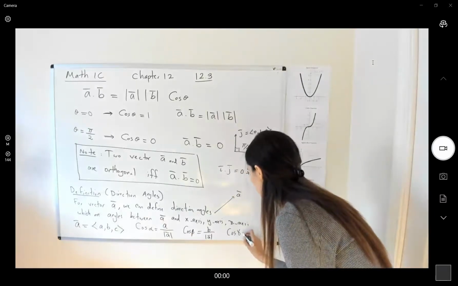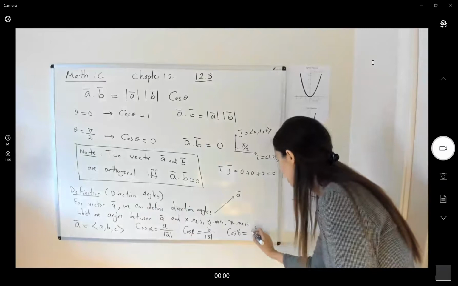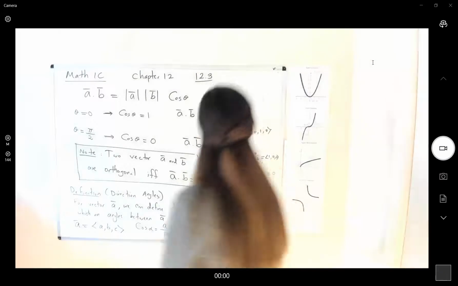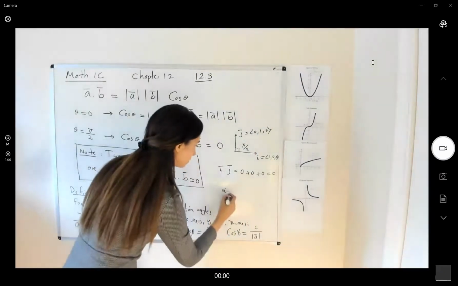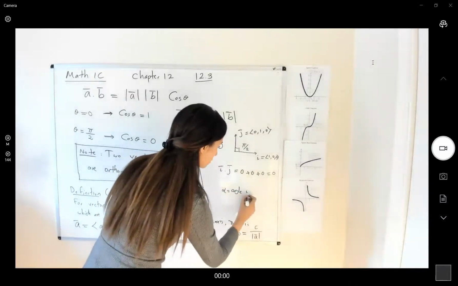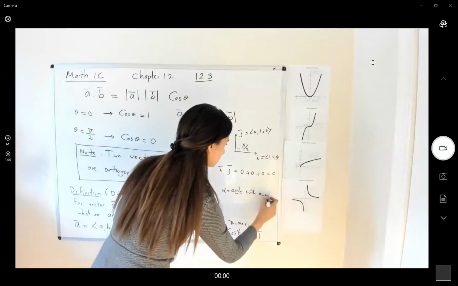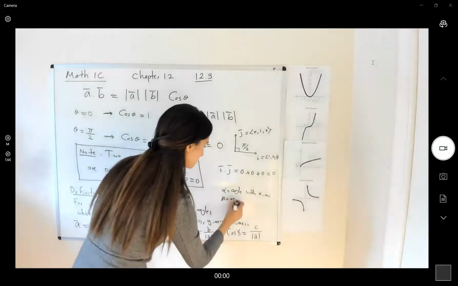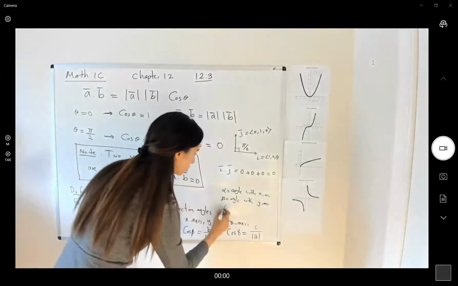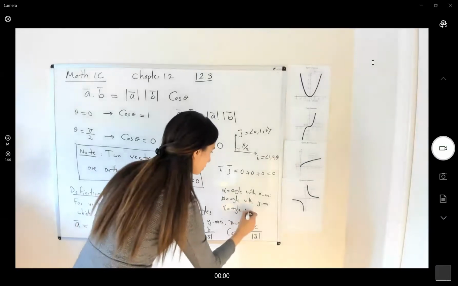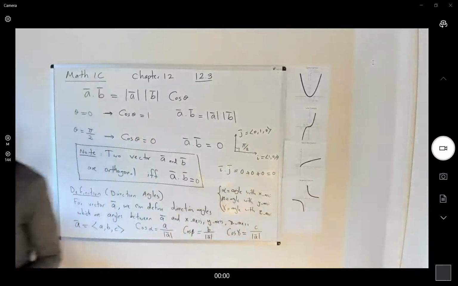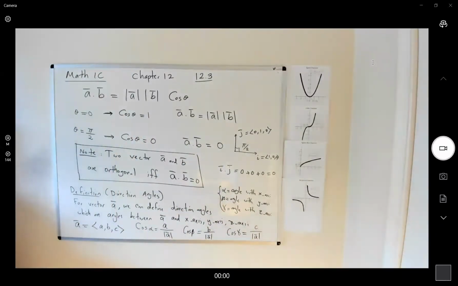And cosine gamma is equal to C divided by the magnitude of the vector. So alpha is the angle with the x-axis, beta the angle with the y-axis, and gamma the angle with the z-axis. These are called direction angles.